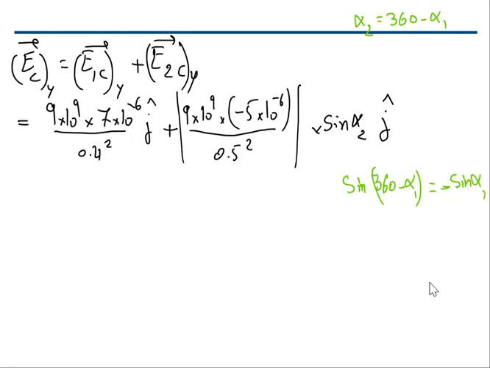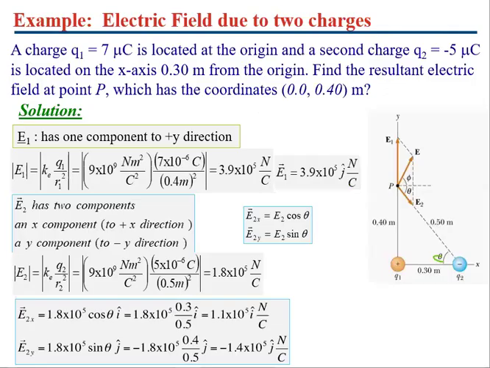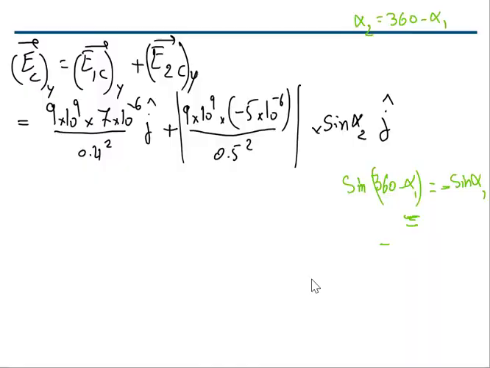And sine alpha 1, how much? It will be the opposite, divided by the hypotenuse, which is 0.4 divided by 0.5. Did you understand where this negative sign is coming from?